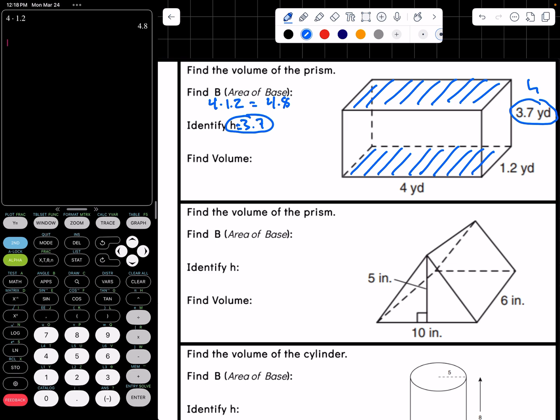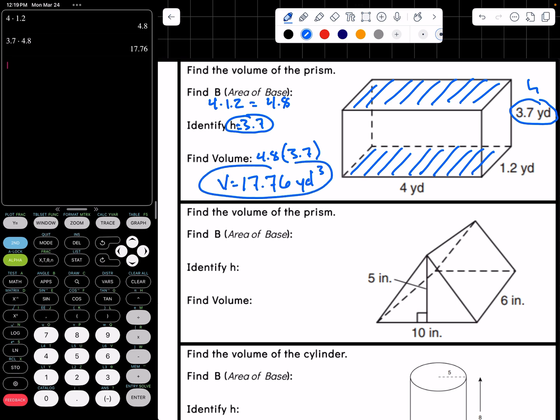which means to find the volume, I'm going to take the area of my base, and I use a big B there. So big B, 4.8 times my height of the three-dimensional figure, which is 3.7. So I'm going to multiply those two together, and I'm going to get 17.76 yards, and that's actually going to be cubed, okay?